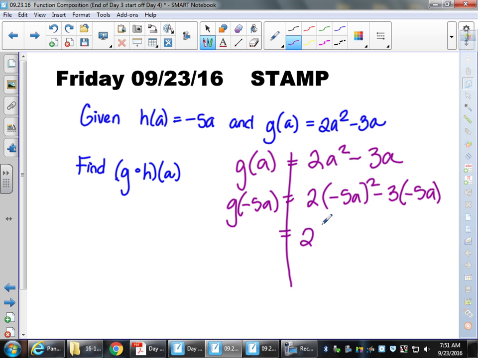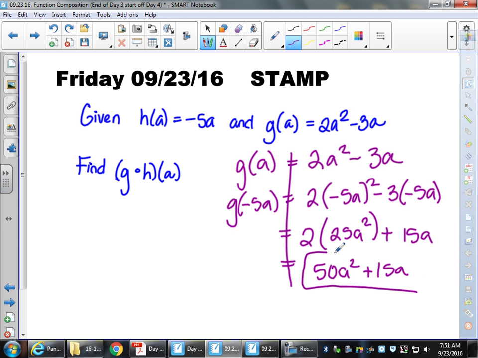This would become 2 times 25a squared plus 15a, which is 50a squared plus 15a, and I'm done. I'm hearing a lot of yeses. That makes me very happy.